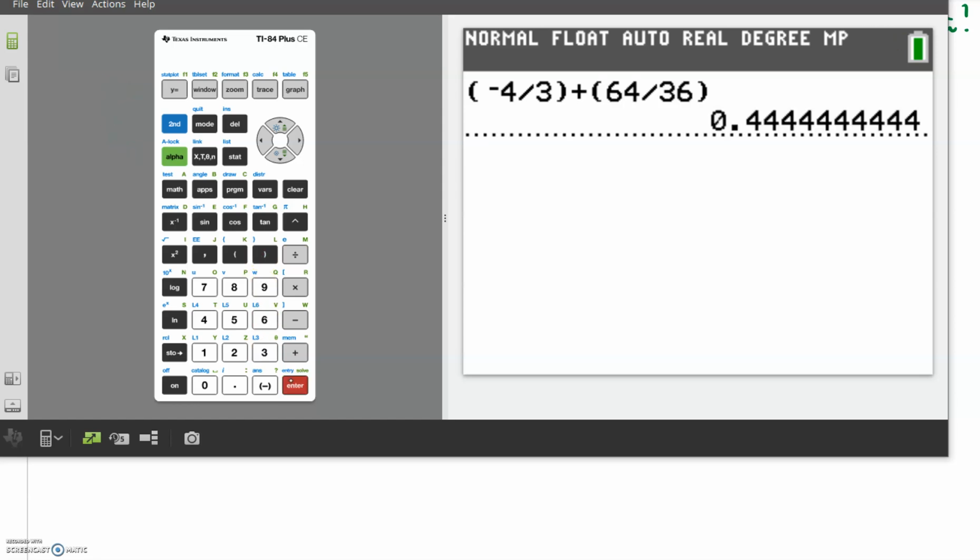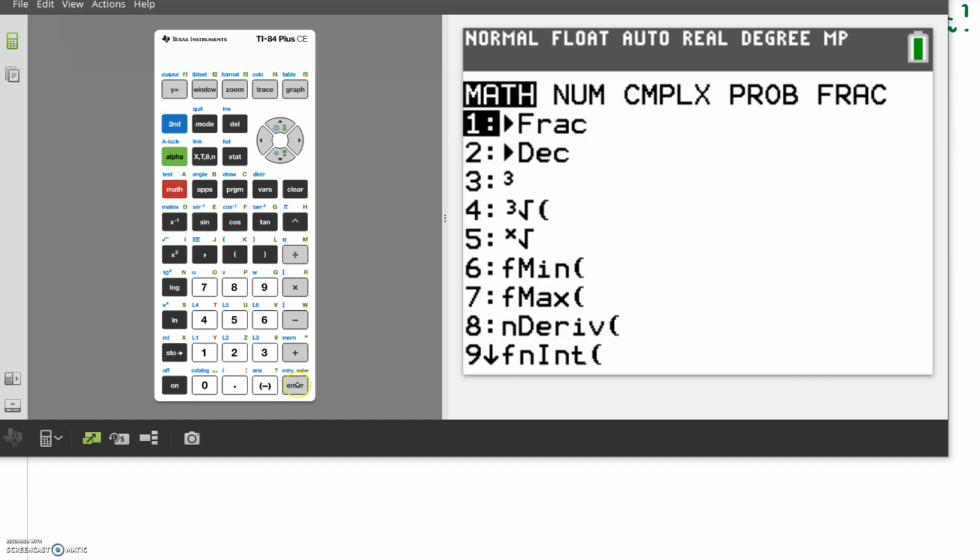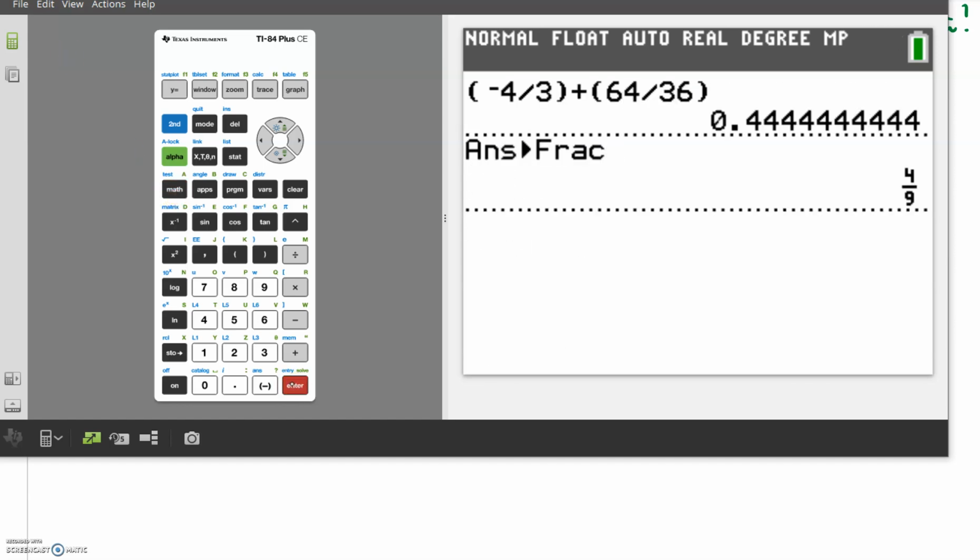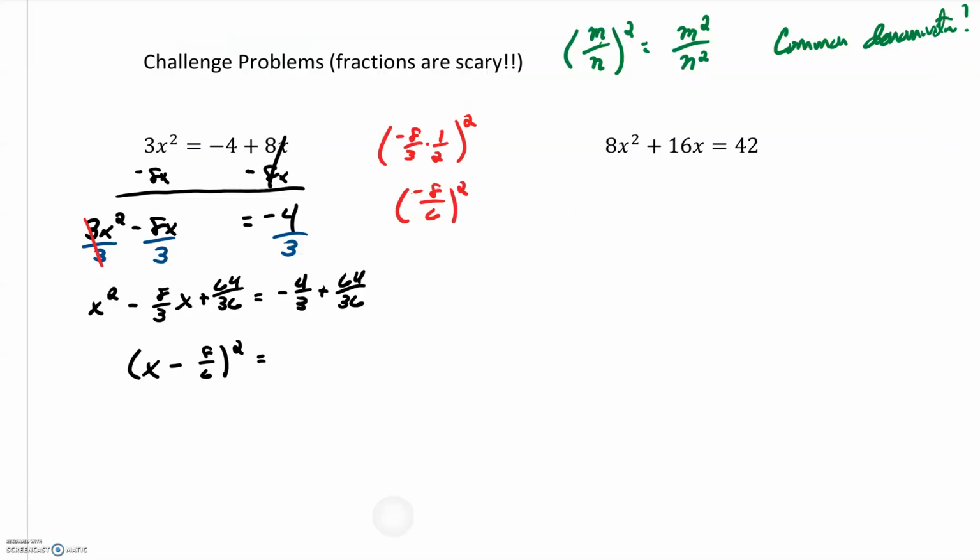And I'm going to get a nasty decimal. Now, look what I can do. I just hit the math and then hit enter, enter, and it gives it to me in a fraction in reduced form. So my right-hand side here is just going to become 4/9.